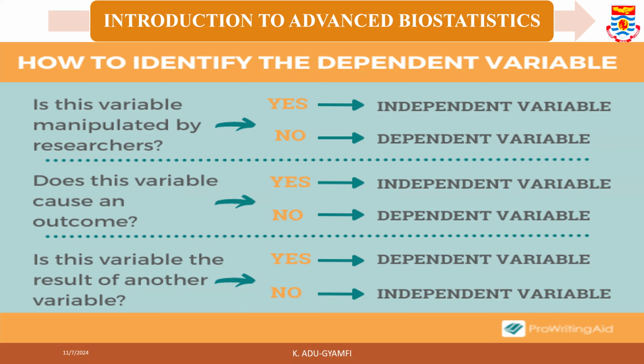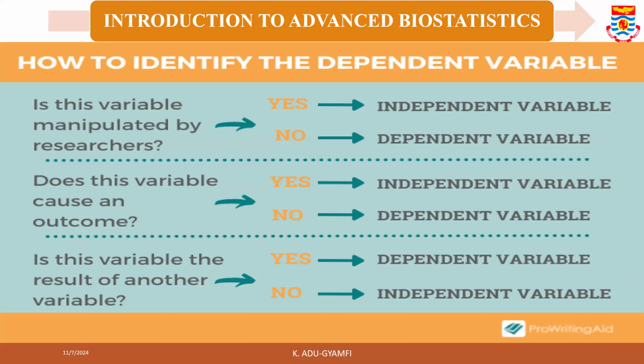But if it is not manipulated, it is the dependent variable. If the variable causes an outcome, then it is the independent. If it does not, it is the dependent.